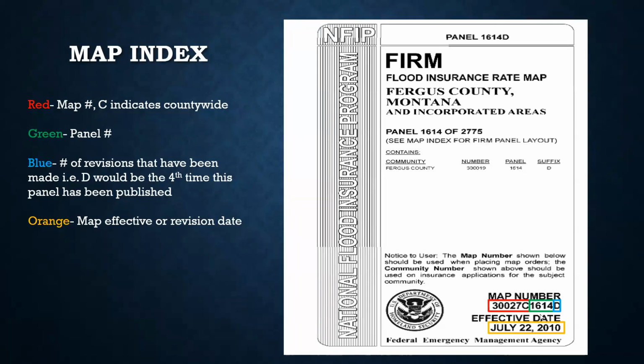The blue is the number of revisions it's gone through. Like fourth time, D is the fourth letter in the alphabet, meaning this panel has gone through 4 iterations of change and publishment. And then your orange is your map effective or revision date.